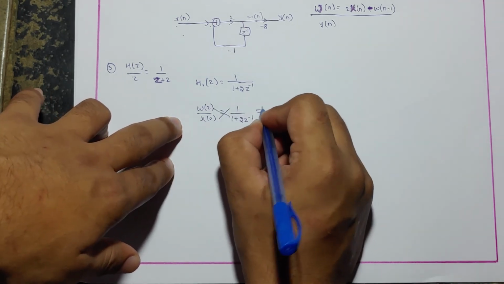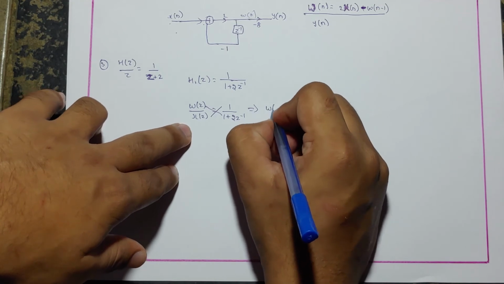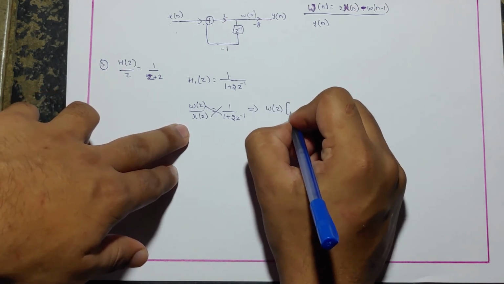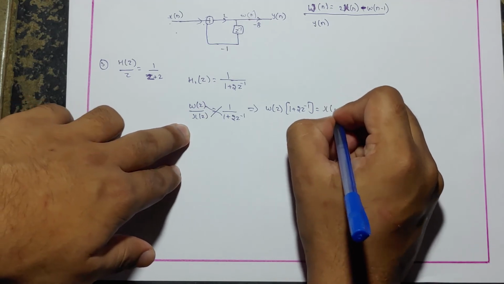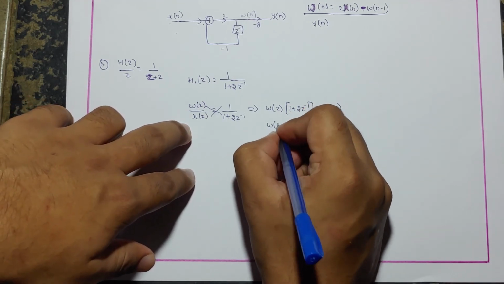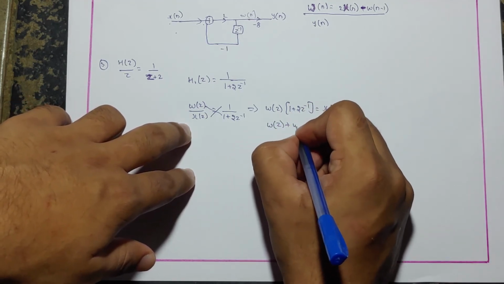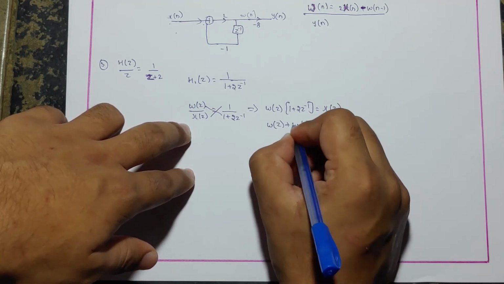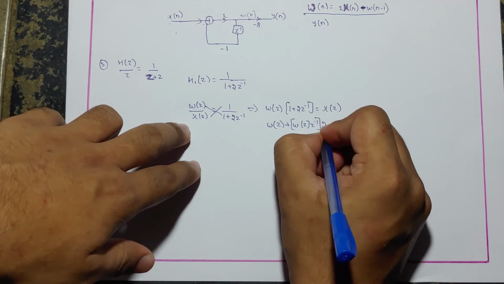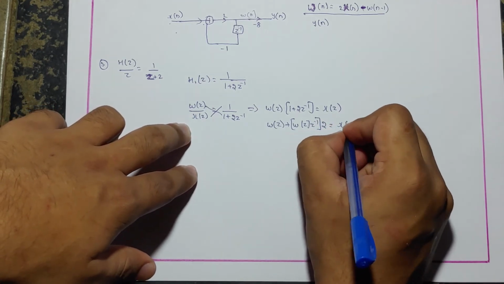Cross multiply them, which results W(z) multiplied by (1+2z^-1) is equal to X(z). W(z) plus W(z) into z^-1 with a constant multiplication of 2 results X(z).